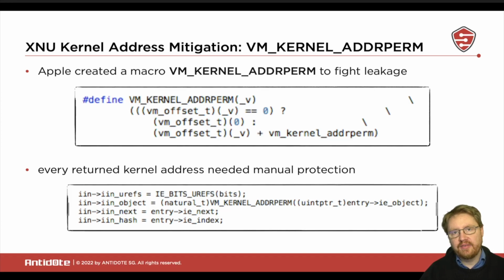The idea here is that this vm_kernel_addrperm is a 64-bit secret value. It is the same value for all pointers. It is created once at boot, just as a random value that is added to a pointer.